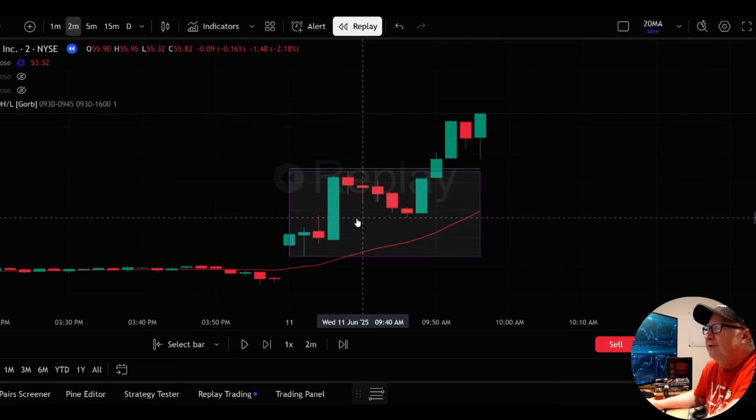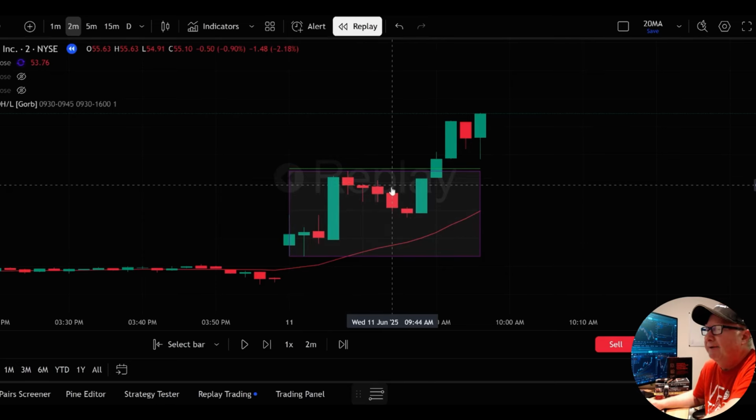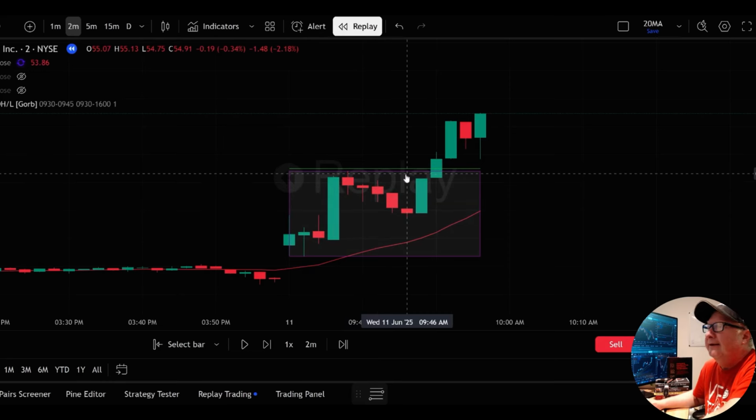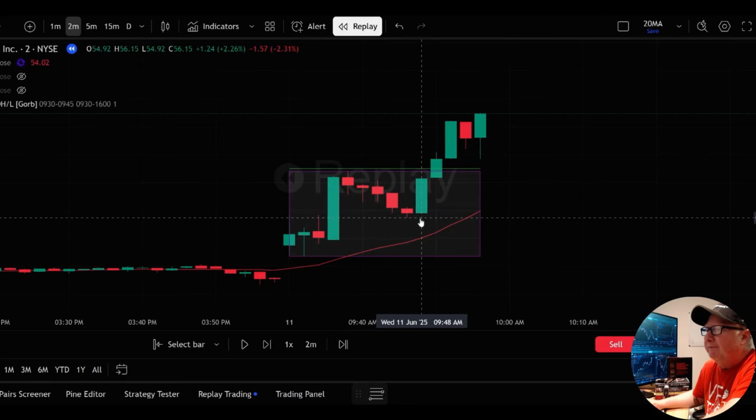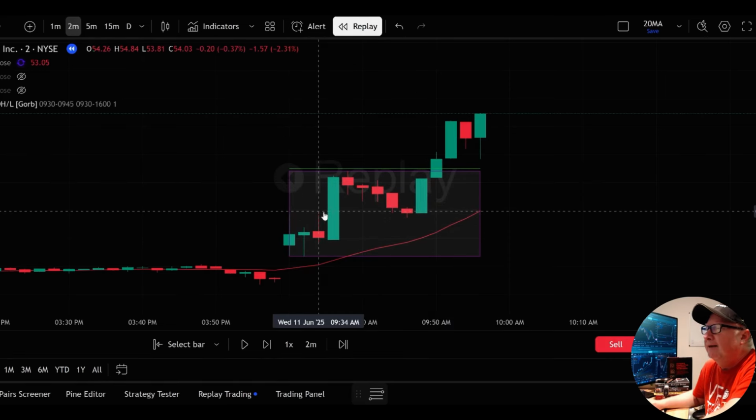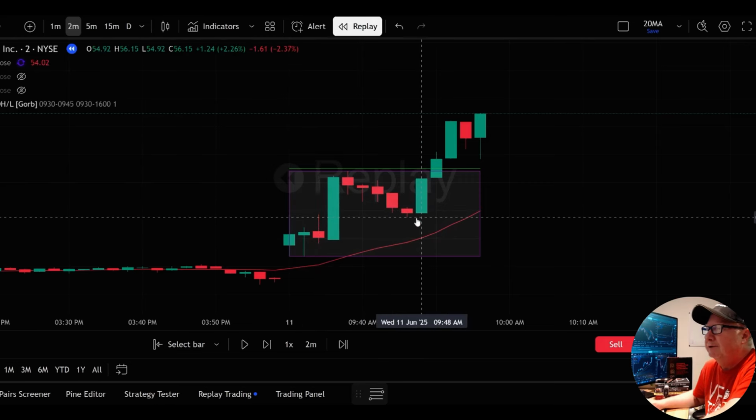So basically now you have a level to use. This level, for me, would now be my stop level. I wouldn't use the entire range as a stop. I would use this very clear support level, right? That would be my stop on a purchase here.